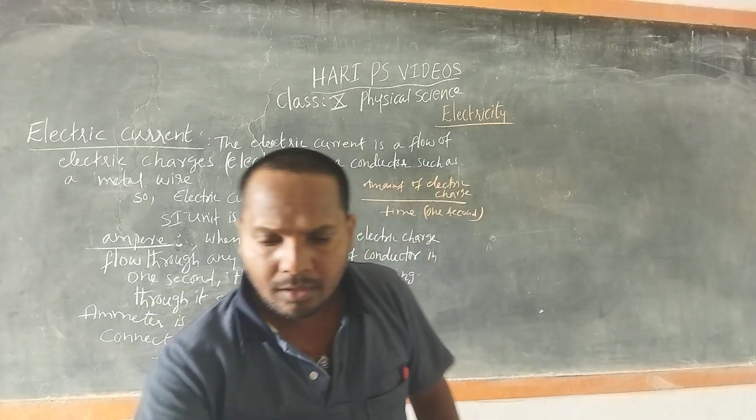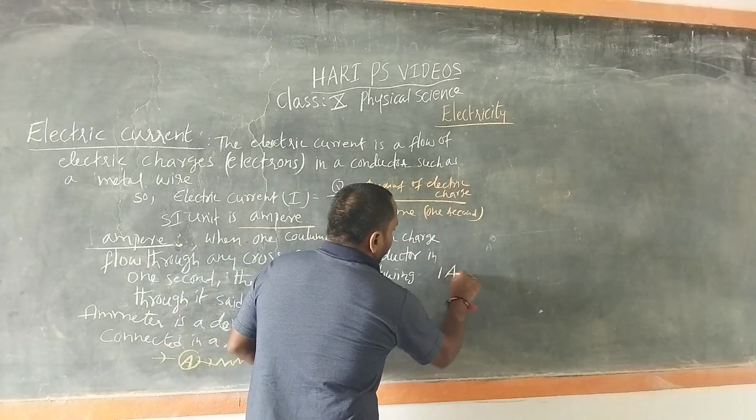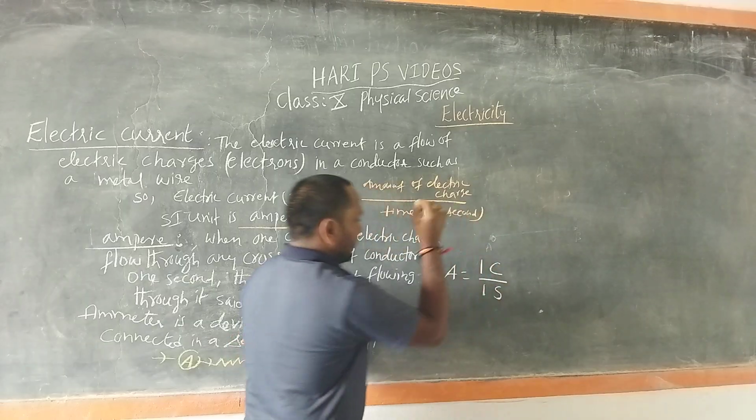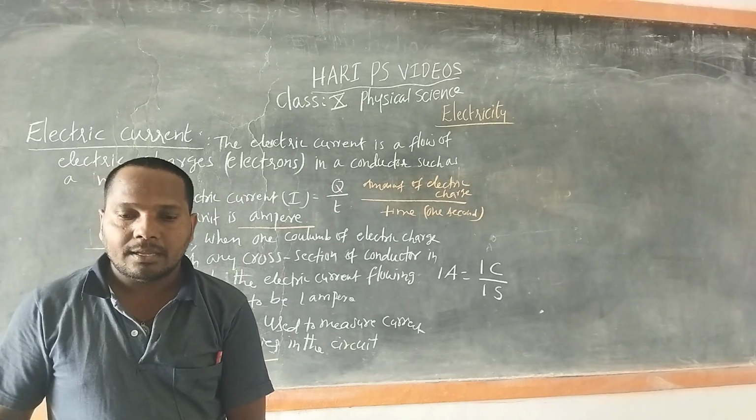So 1 ampere is equal to 1 coulomb per 1 second.